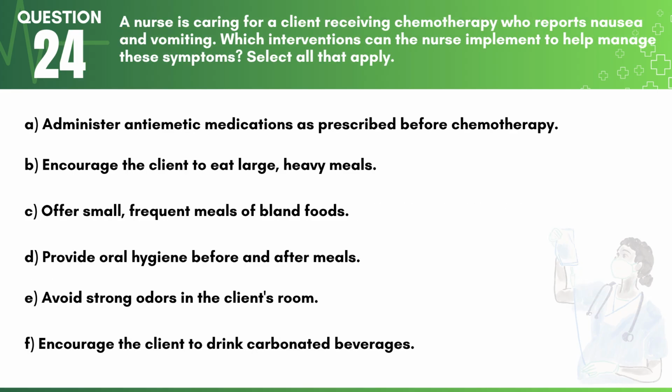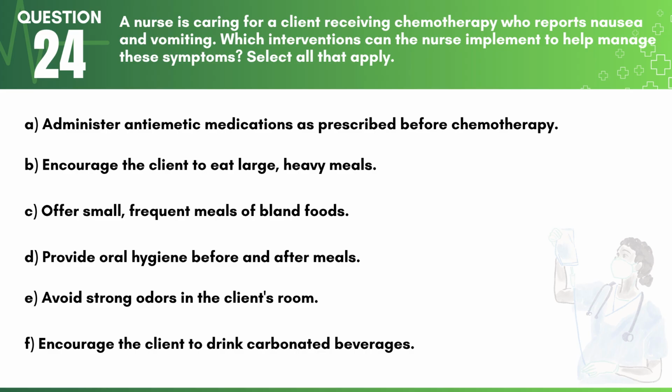Question 24. A nurse is caring for a client receiving chemotherapy who reports nausea and vomiting. Which interventions can the nurse implement to help manage these symptoms? Select all that apply. A. Administer antiemetic medications as prescribed before chemotherapy.